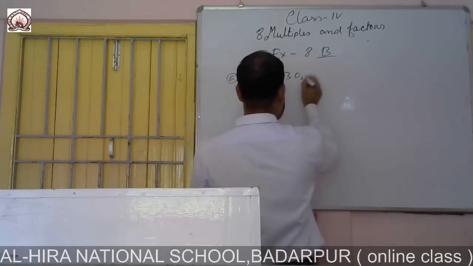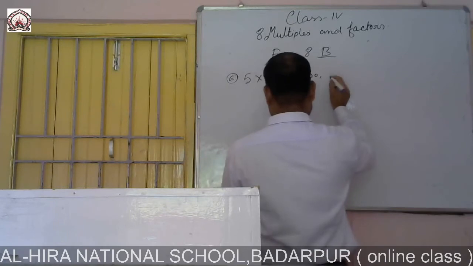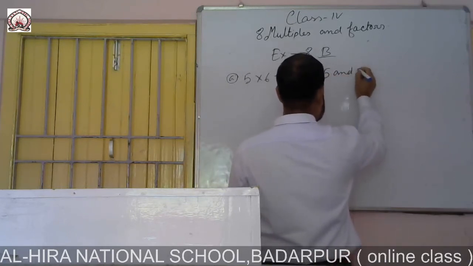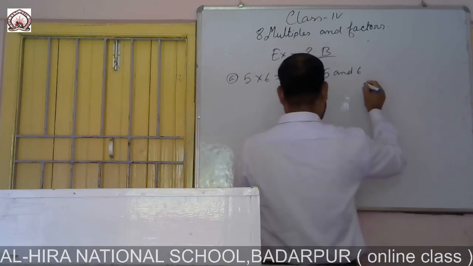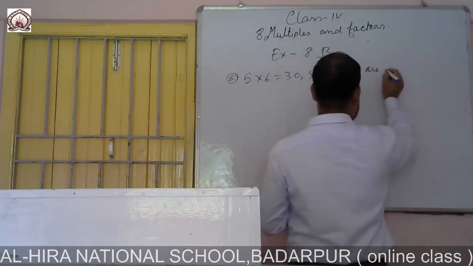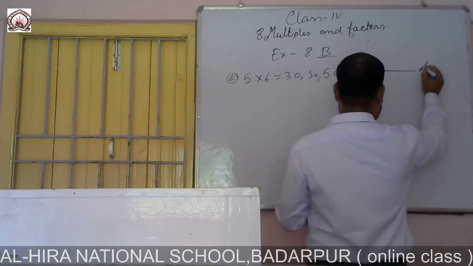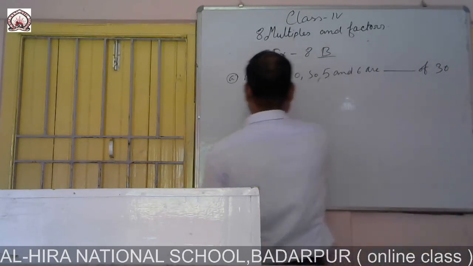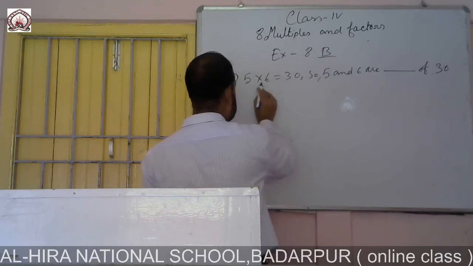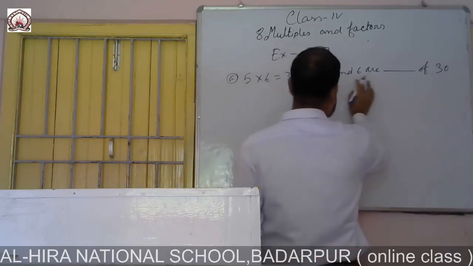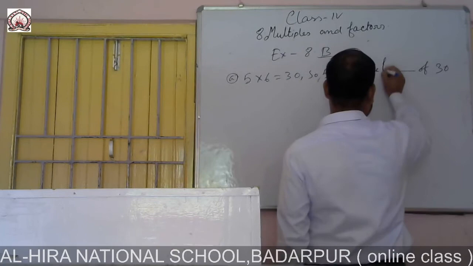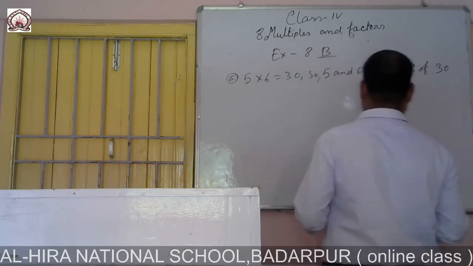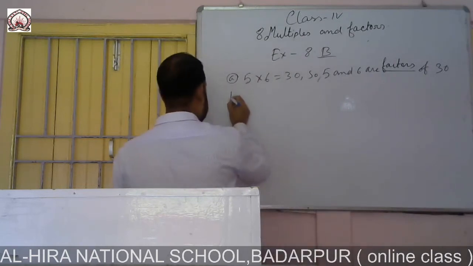So 5 and 6 are factors of 30. Here 5 6s are 30. So 5 and 6 are factors of 30.